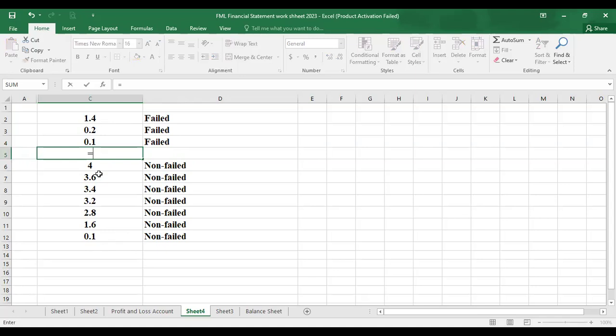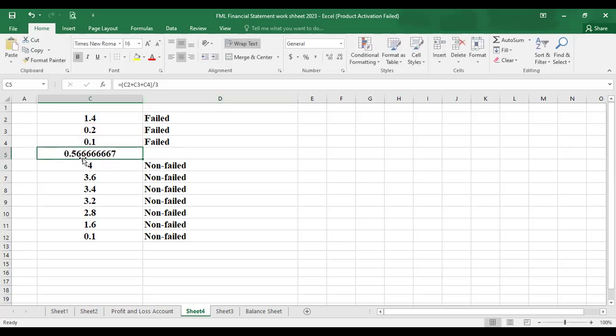We want to compute the averages for each category, the failed businesses, and then the average for the non-failed, to be able to make comparison with what I was discussing. So with the average, I'll add up the 3 ratios for the failed, then divide it by 3, since it's 3 businesses.